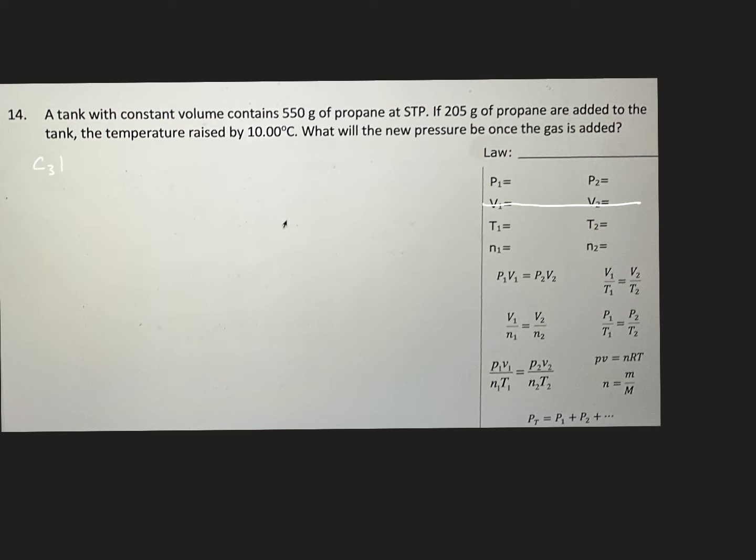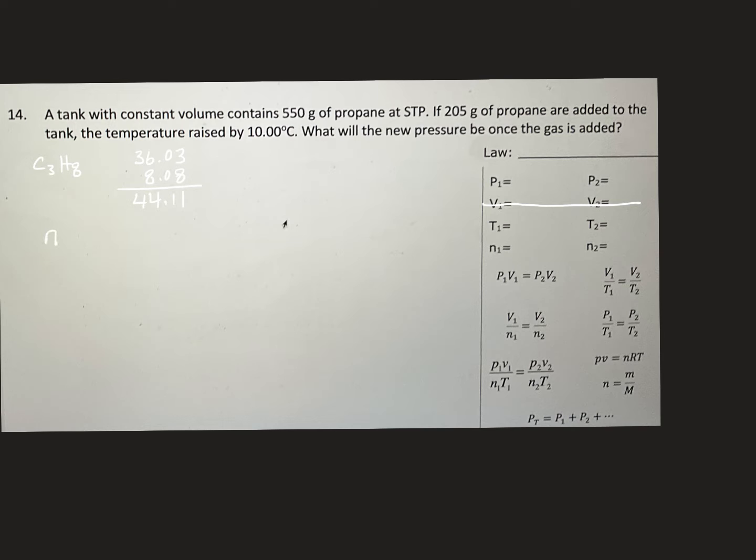Propane is C3H8. So 3 carbons is 36.03, and then 8 hydrogens. Just figuring out the molar mass, so 44.11.